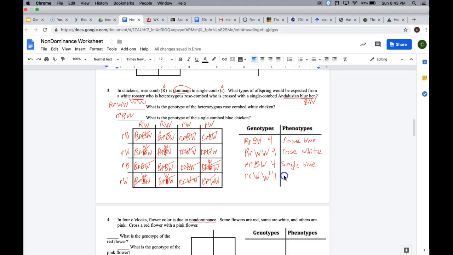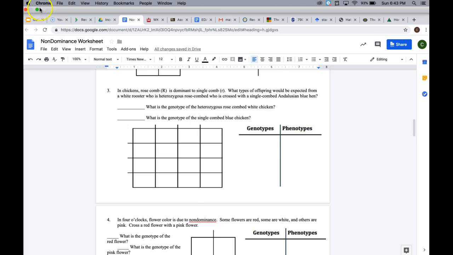And single, and white. Okay. All right. So from now on, I'm just going to give you the genotypes, and you have to do all of this. Okay. All right.